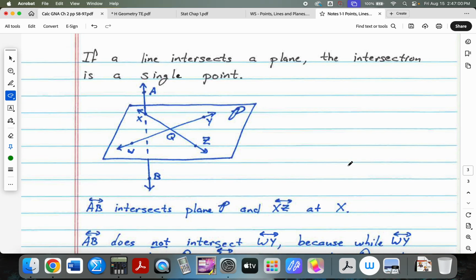One thing to notice here, line AB does not intersect line WY. WY is on the plane. Let me show you what this is going to look like. Let's see, X is up there. I'm going to turn around this way.